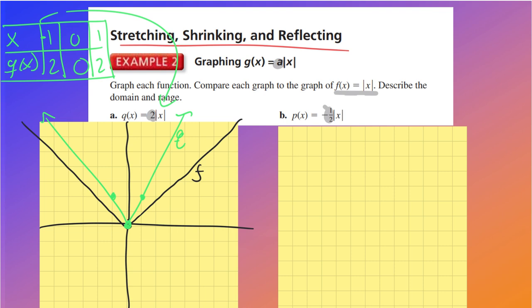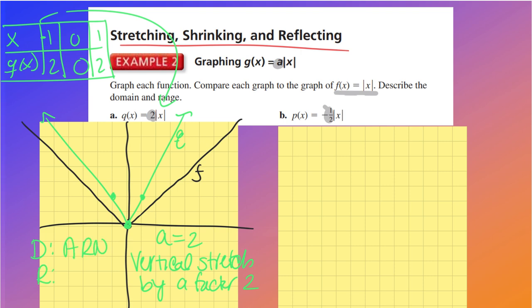Okay, so now we know that A equals 2. What else do we have? A vertical stretch by a factor of 2. And what is our domain? Domain is all real numbers, and our range is y is greater than or equal to 0.